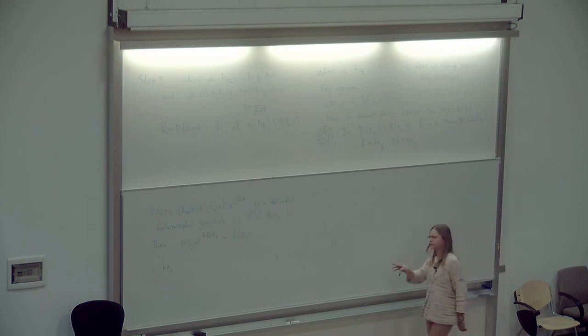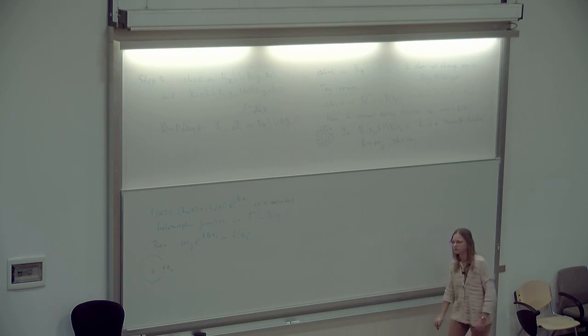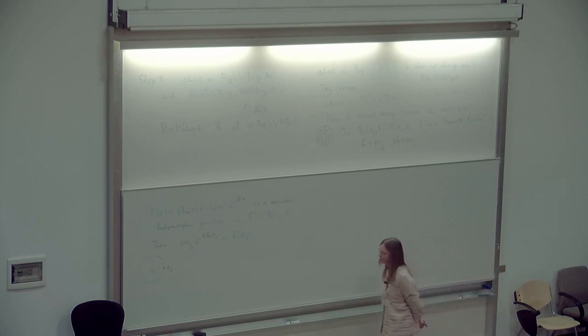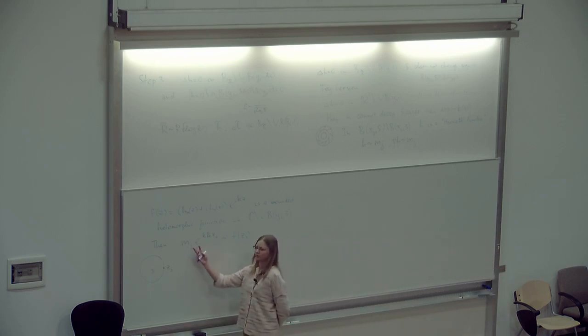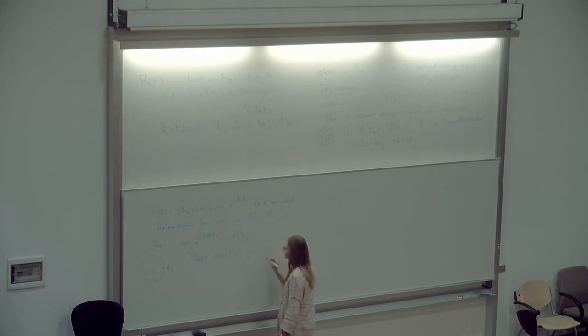Also, take this k slightly larger, so that it's a decaying function. And then we know that there is a point where it takes a maximum, larger than any other of them.